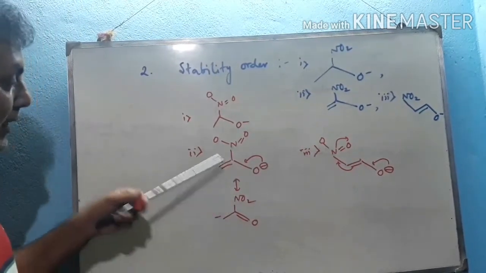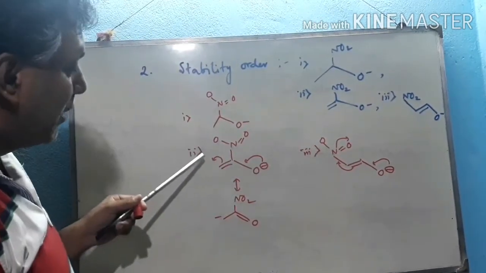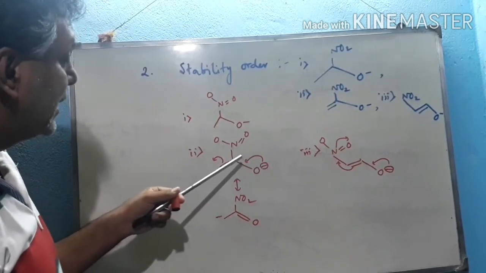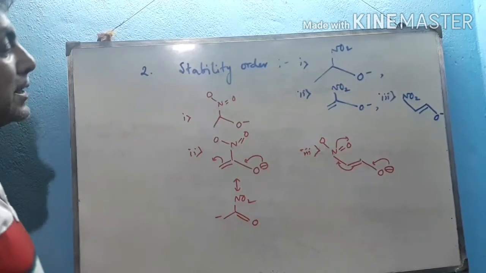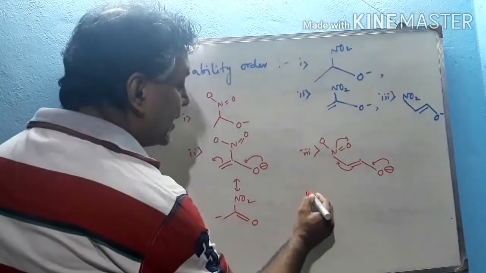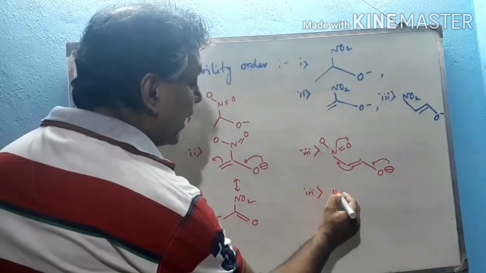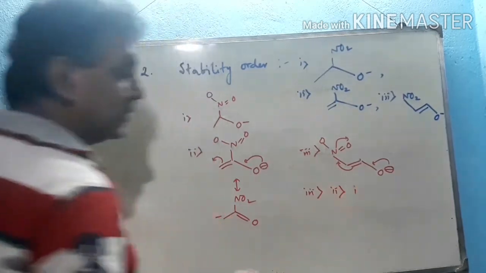In number 2, only O minus is in resonance with the double bond CH2 group, but here no such resonating structure occurs. That's why the order of stability is 3 greater than 2 greater than 1.